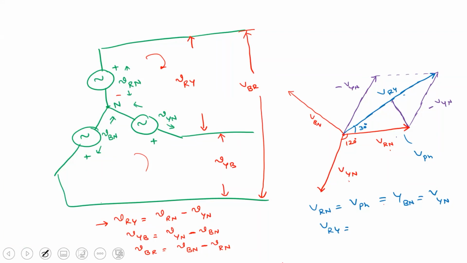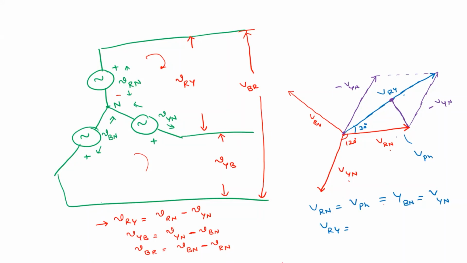So let us split it into two parts, right? What is this length, from here to here? That length is VRN cos 30.